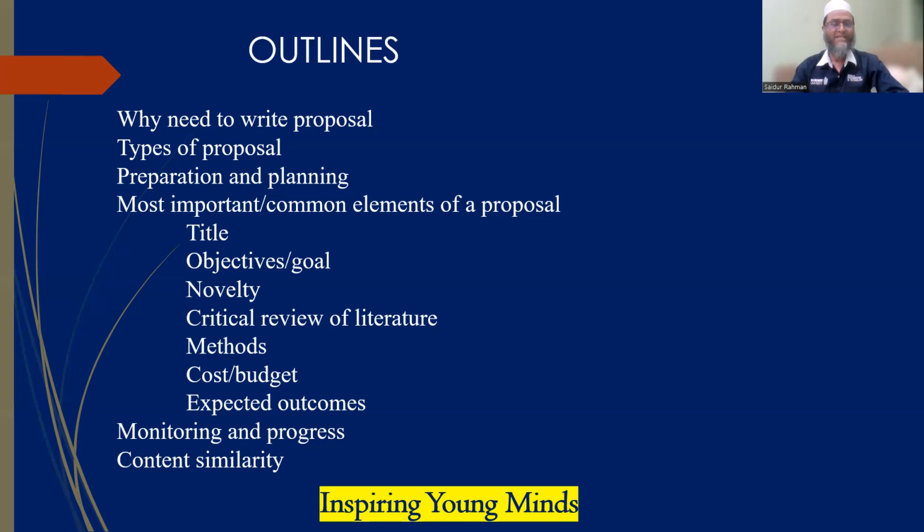And then this is the main focus, the main purpose: what are the most important and common elements of a research grant proposal that can make it winnable, comprehensive, and able to convince the funding agency. Mainly, the title is one of the important elements. There must be objectives, goal, aim, and purpose of your proposal.